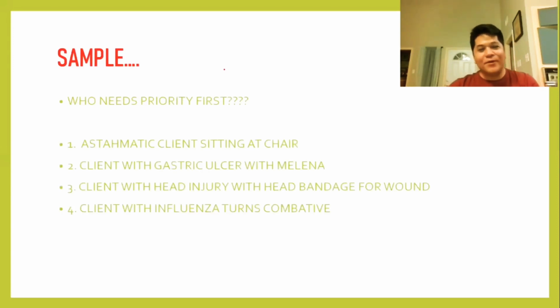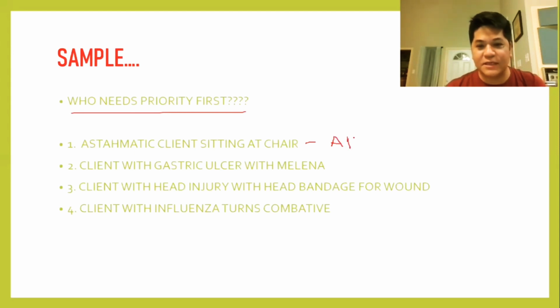Okay, then a sample question for the priority. Let's check if you understand. Who needs priority first? One, an asthmatic client sitting in a chair. You might think they have a problem with the ABC, but it's an asthmatic and it did not say anything of a scenario, it's just sitting there, so it might not be our answer.